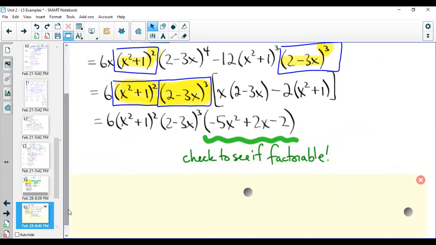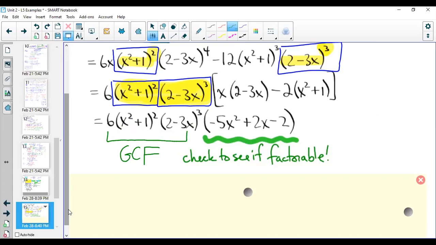So the component over on this side, I would call my greatest common factor. The leftovers, you want to simplify the leftovers, but you also want to check if they're factorable. Like if this was a quadratic equation that could be factored, I would go further. This is not in this particular case.